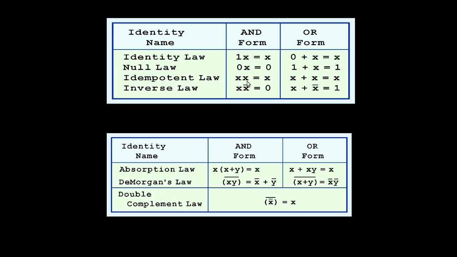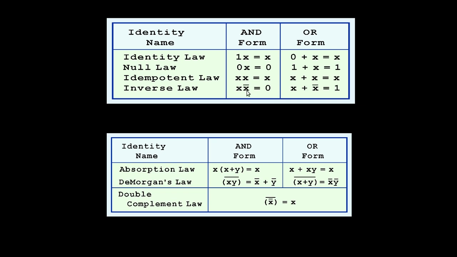Here I have x AND x. Think of it: if I had 1, 1, what's it going to give me? 1. If I had 0, 0, it's going to give me 0. So x AND x is x. X or x: 0 or 0 is going to give me 0, 1 or 1 is going to give me 1.